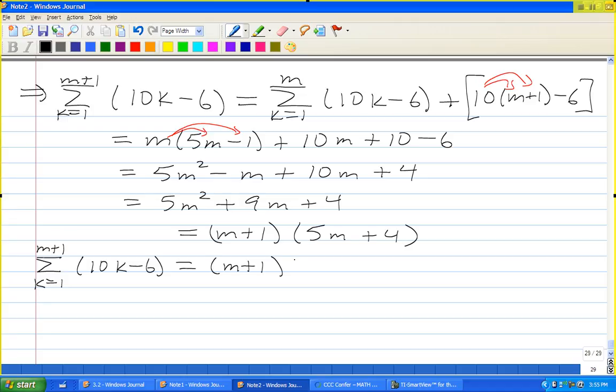And this is the same as I can write 4 as 5 minus 1, and I can write 5m plus 5 is 5 times the quantity m plus 1.